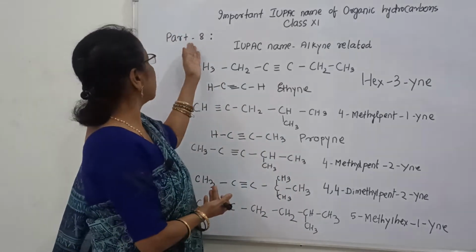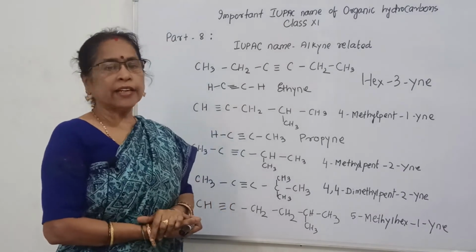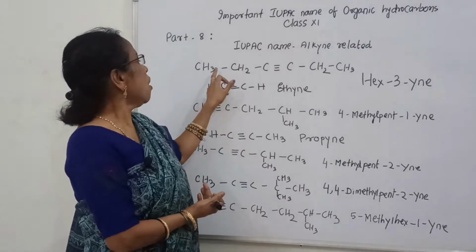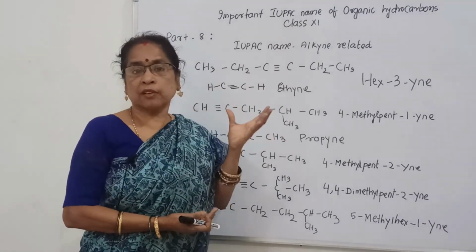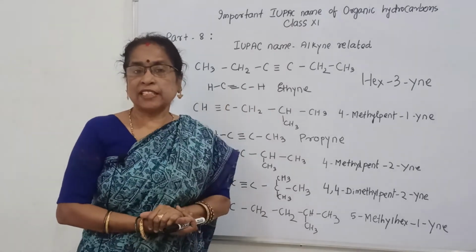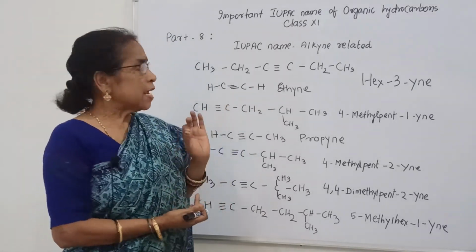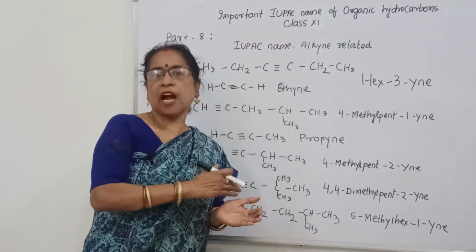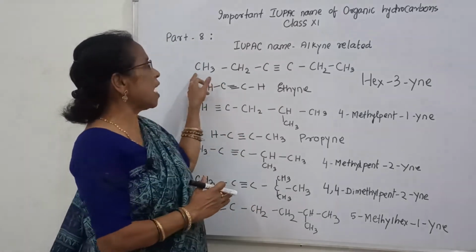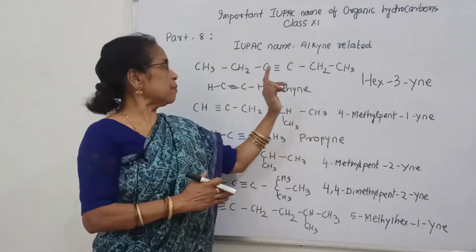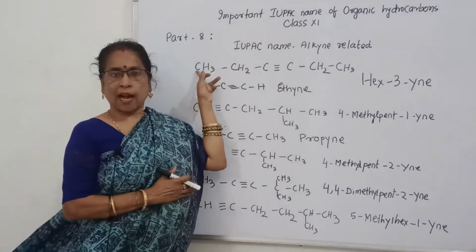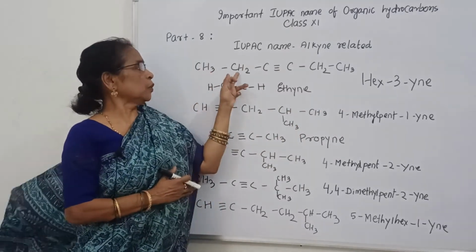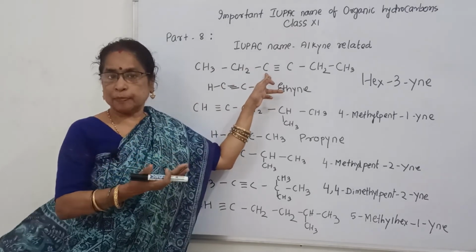Now here, if you see part 8, that is alkyne related, first you see what functional group it contains, that is a triple bond. If it is a triple bond, then which side will you count from, this side or that side? If you count from this side, then 1, 2, 3, after 3 there is a triple bond.